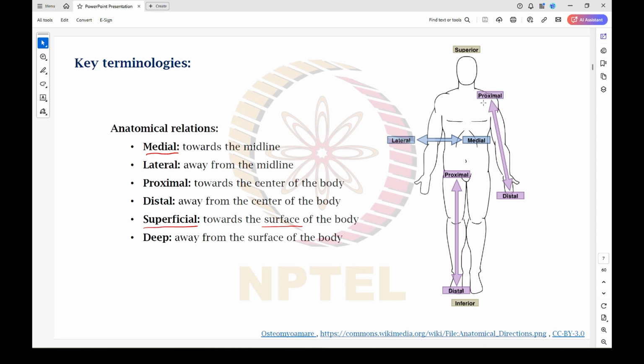Whatever is closer to the midline, or towards the center of the body, is called proximal, and whatever is away from the center of the body is called distal. And if something is on the surface or the skin of the body, it is called superficial, and away from the surface or towards the center of the body is called deep.